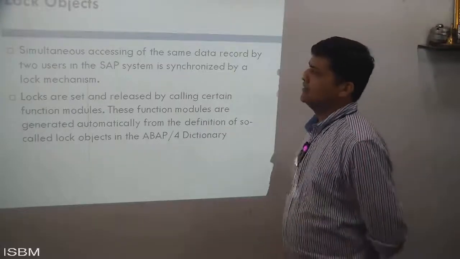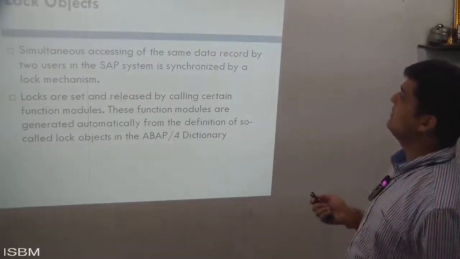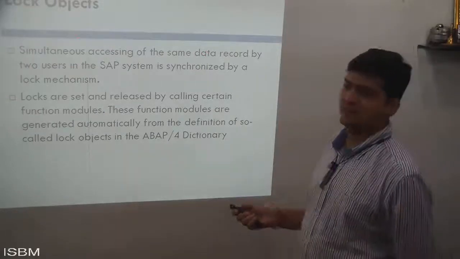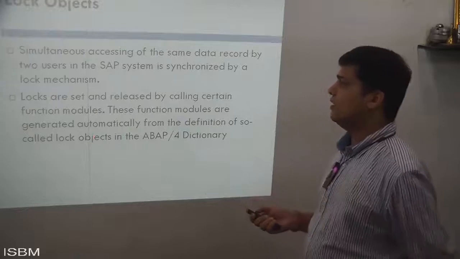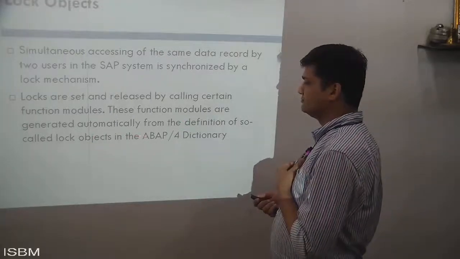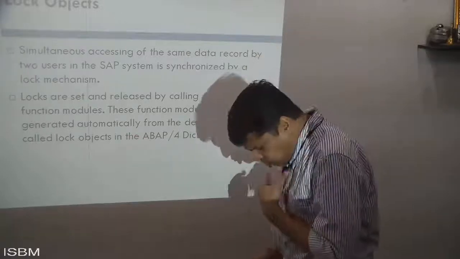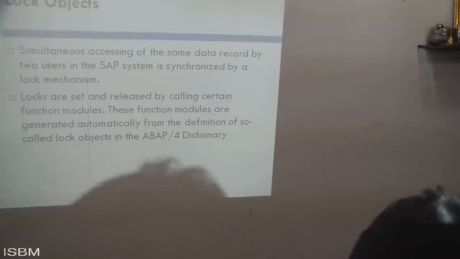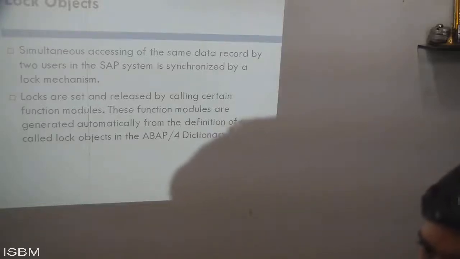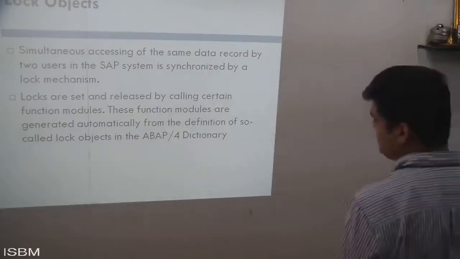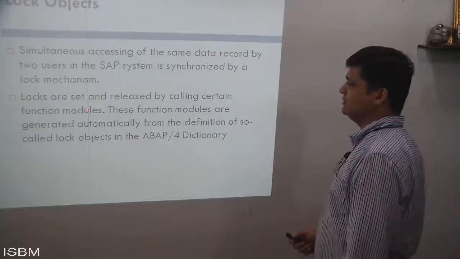The lock objects: simultaneous access of the same data record by two users is synchronized by the SAP system through a lock mechanism. I have told you these things. Locks are set and released by calling certain function modules.